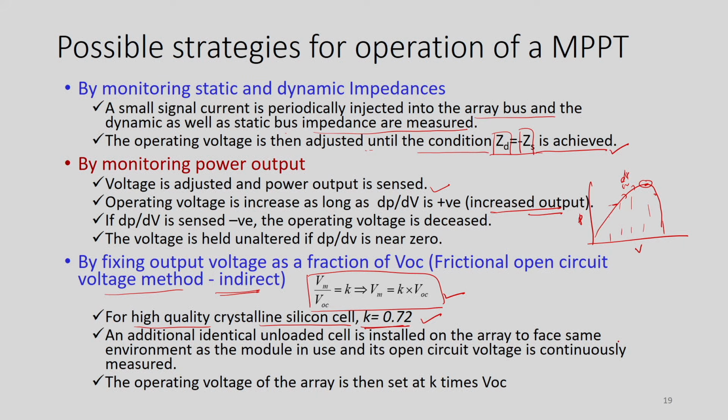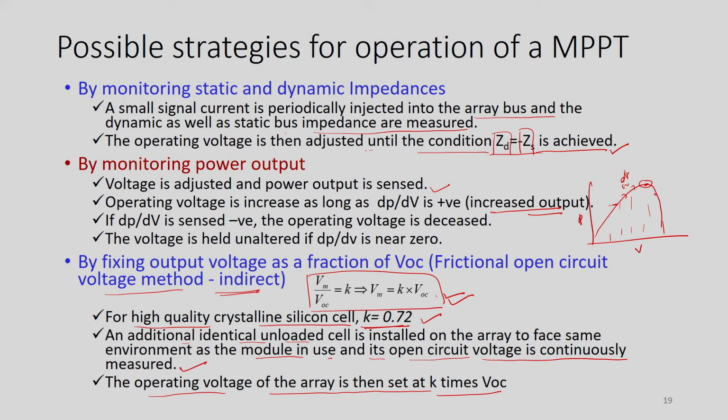An additional identical unloaded cell is installed on the array to face the same environment as the module in use, and its open circuit voltage is continuously measured. The operating voltage of the array is then set at K times VOC.